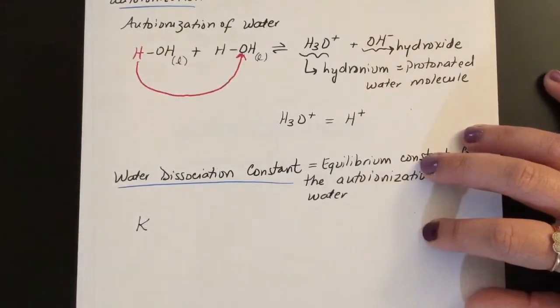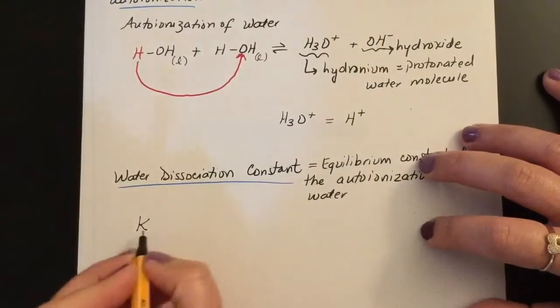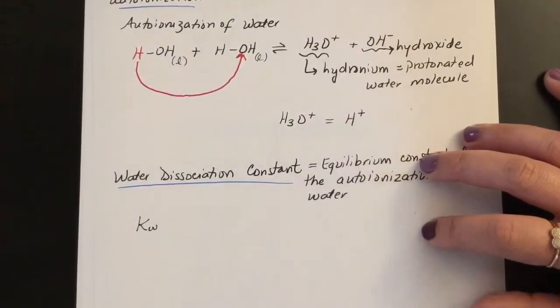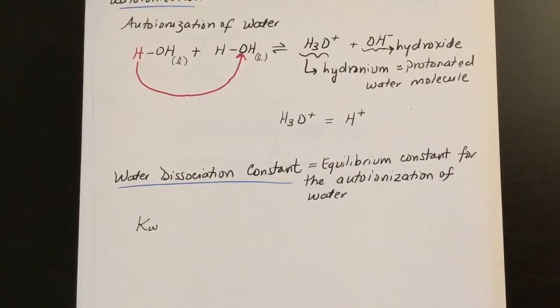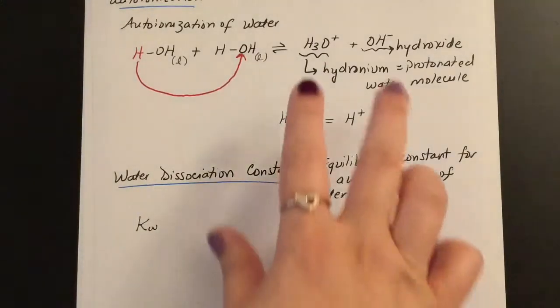This K is your equilibrium constant. Since it's for water, we use a W. In an equilibrium constant expression, we always have products over reactants. So you have the product of your product concentrations, which means that your product concentrations are multiplied by each other, over the concentrations of your reactants, also multiplied by each other. In this case, we have two products.